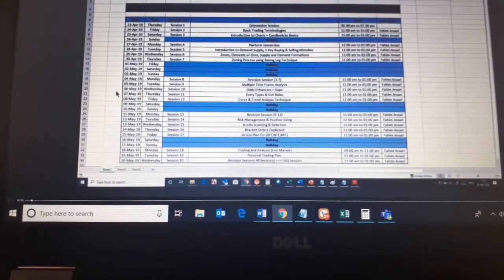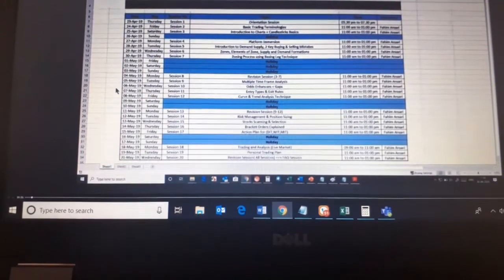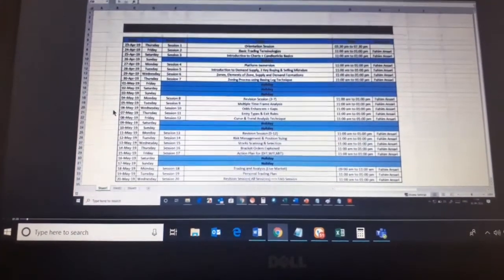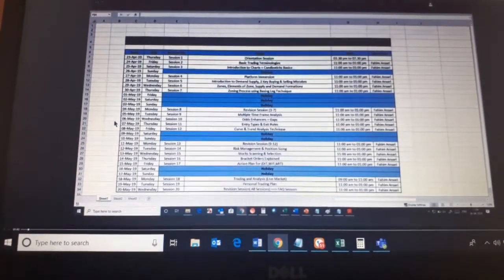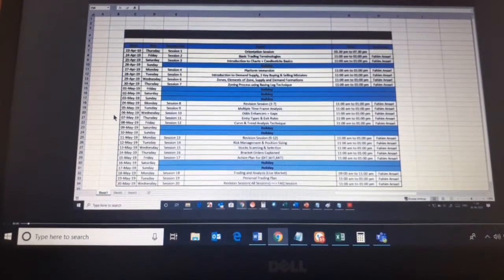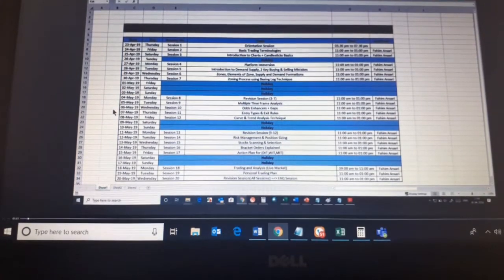Leg-in, base, and leg-out are the three elements of a zone. So if any one of the elements is missing, you cannot call that a zone. Okay, so that's your three elements of a zone.